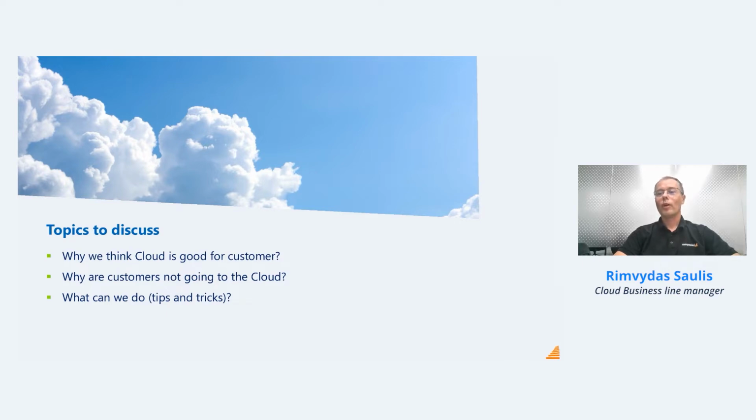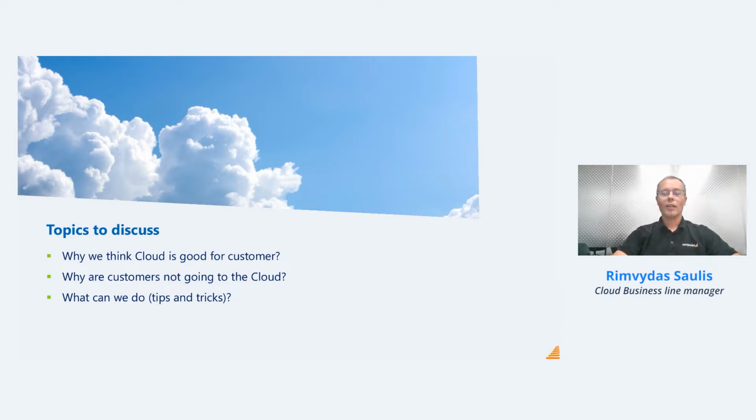So if we're not clear what kind of benefits we are offering to the customer, it would be very unlikely that customer would understand those benefits only themselves and just move to the cloud without any involvement of a Dynamics partner, right?